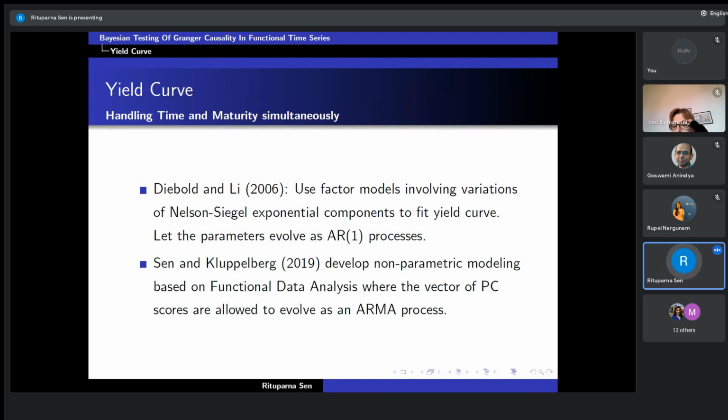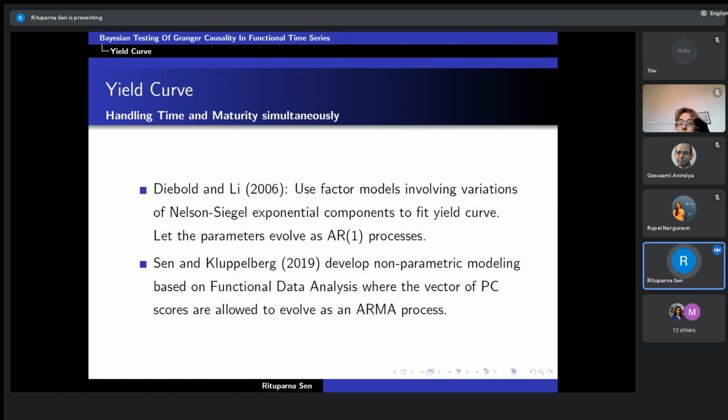So we did not assume any standard basis functions, but we allowed data chosen basically based on the covariance matrix, principal components of covariance matrix driven support functions. And then we also allowed the scores to evolve as ARMA processes, whereas in the Diebold and Lee, they were letting the parameters evolve individually as AR1.